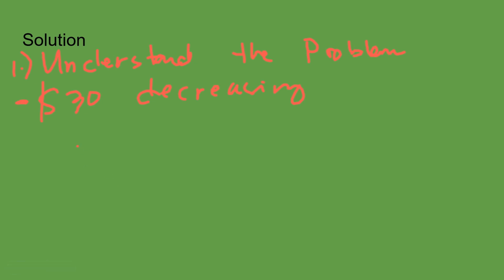So what we're going to do here is multiply negative 30 times 3. Why 3? Because that's 3 months, according to our given problem. If I multiply this, it will give me an answer of negative 90.